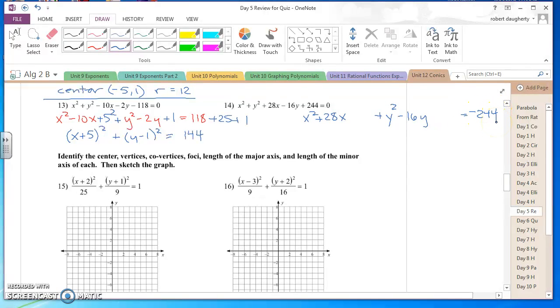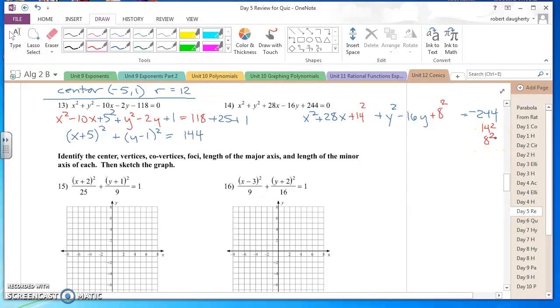Let's bring that to the other side. To complete the square in x, I'm going to have to add 14 squared. To complete the square in y, I have to add 8 squared. If I add those to the left, I must also add those to the right.